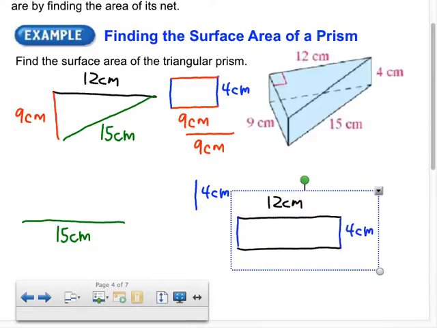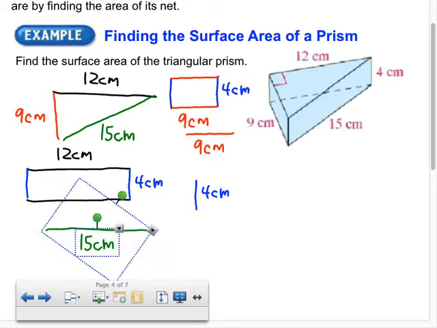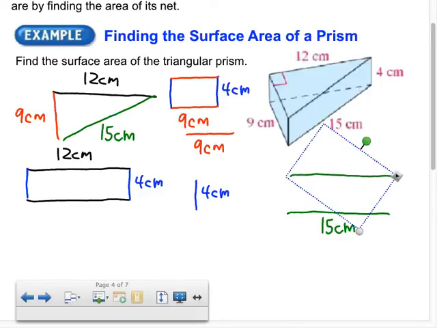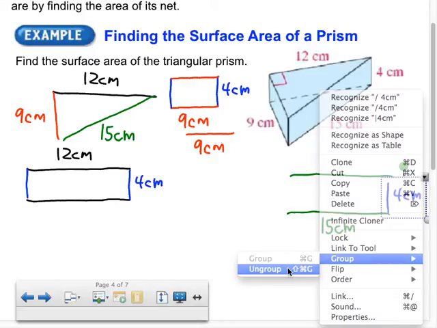Okay, so now I have another one of my faces. Okay, and then I need to do the one that's 15. And that has a height of 4. Okay, almost done.